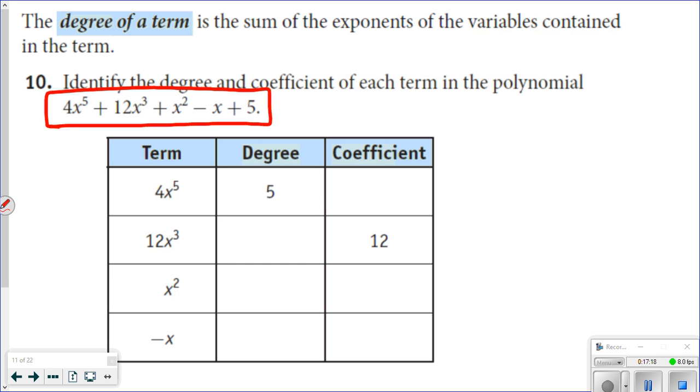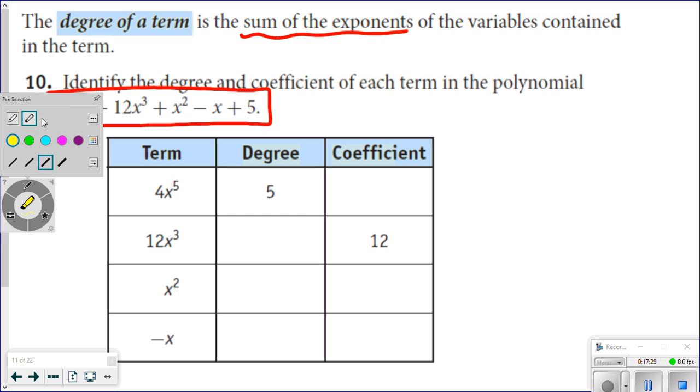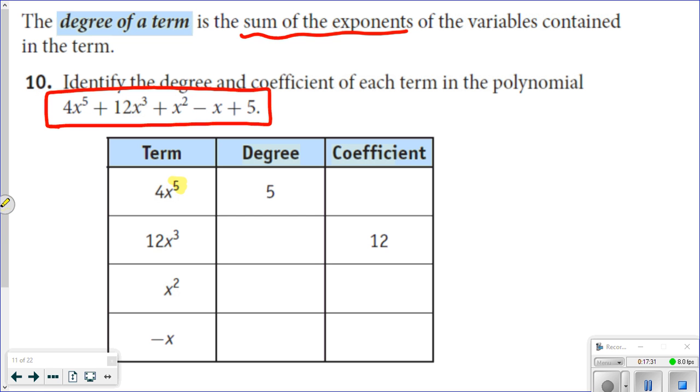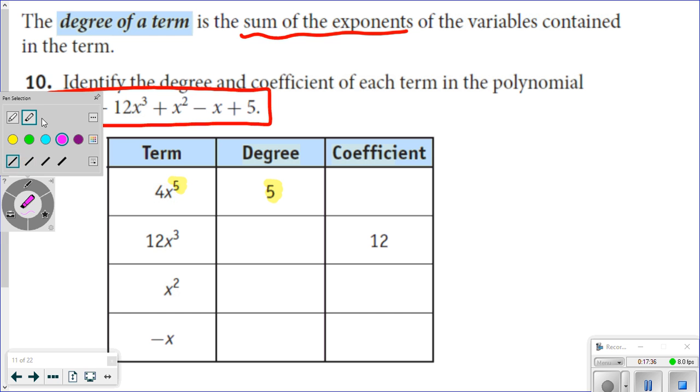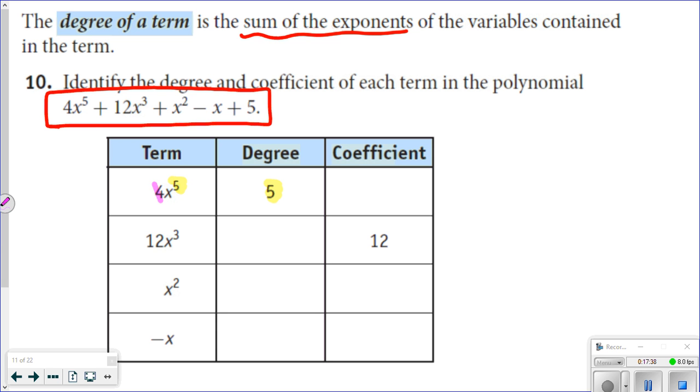We would add the exponents, but I only have one exponent there, and it's 5, so that's the degree. And then remember, my coefficient is the number, so the coefficient in this case would be 4.